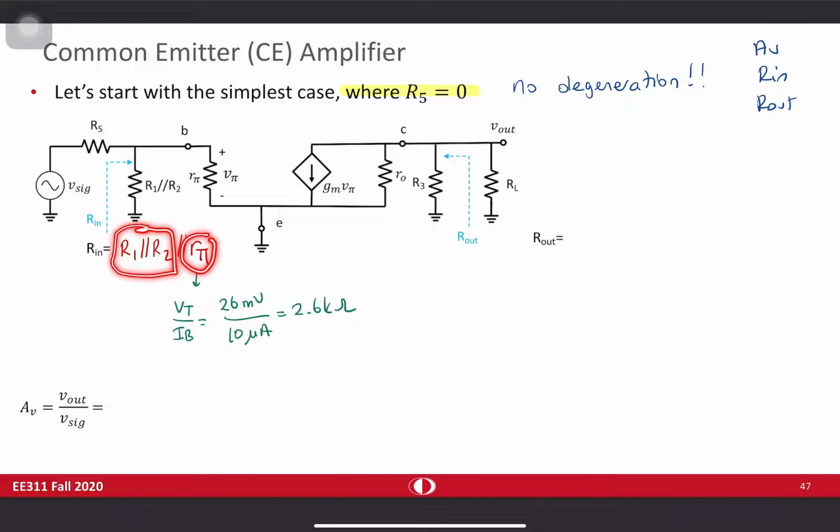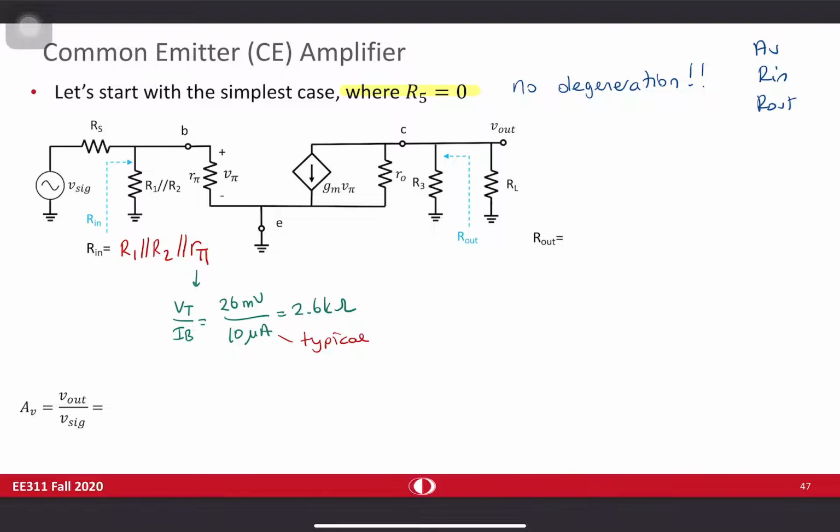This tells me that in terms of input resistance, bipolar transistors are somehow worse than MOSFET transistors, because you see some low resistance from the input. Please keep in mind that these are just typical values and you can play with them. If this current is larger, you are going to end up with lower R-pi, which is even more problematic.